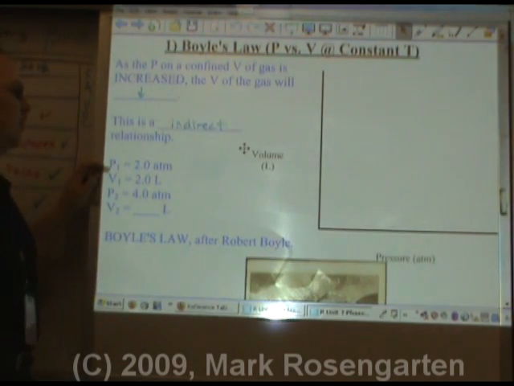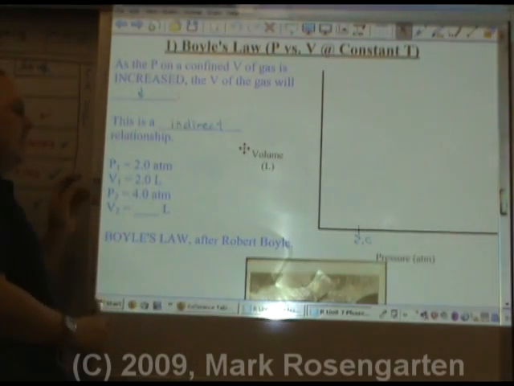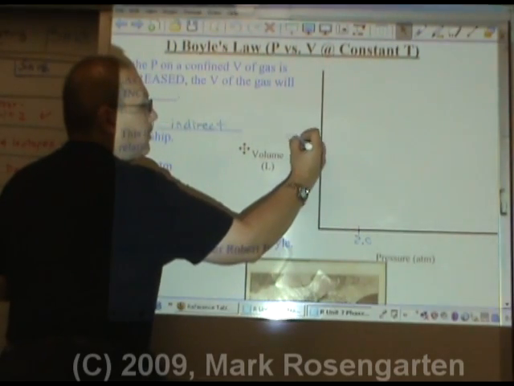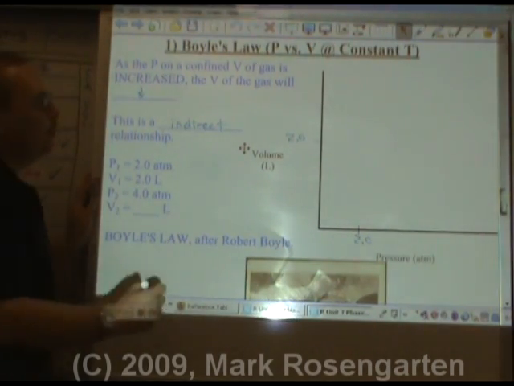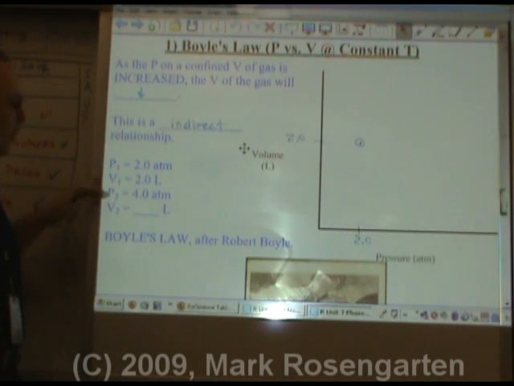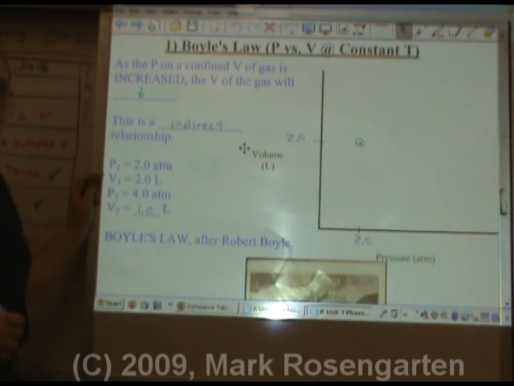Now, if the pressure is 2 atmospheres, and the volume at that 2 atmospheres is 2.0 liters, that puts us right here. If I double the pressure from 2 atmospheres to 4 atmospheres, the volume will be cut in half from 2 liters to 1.0 liters.